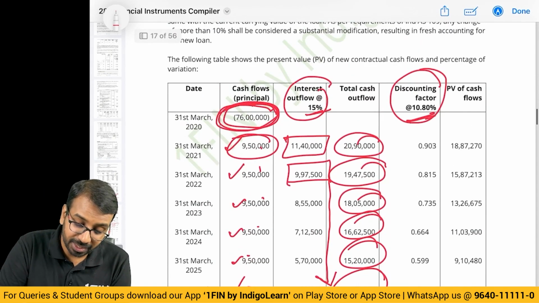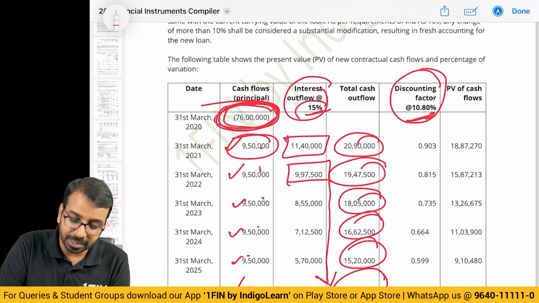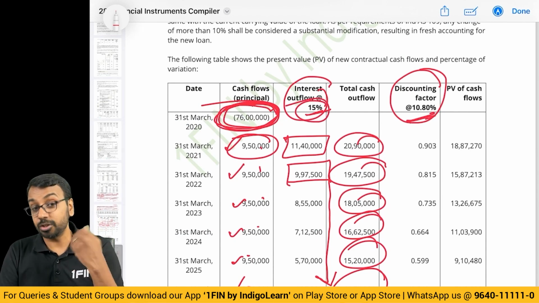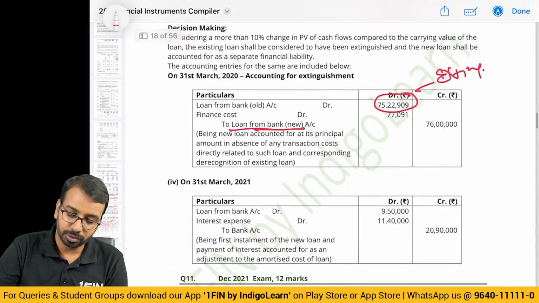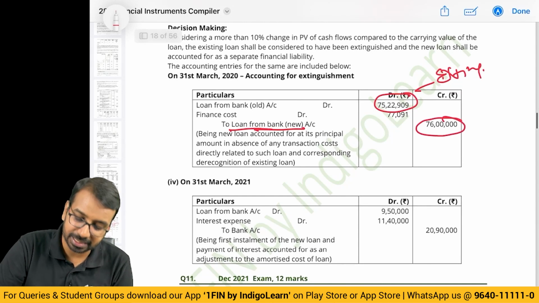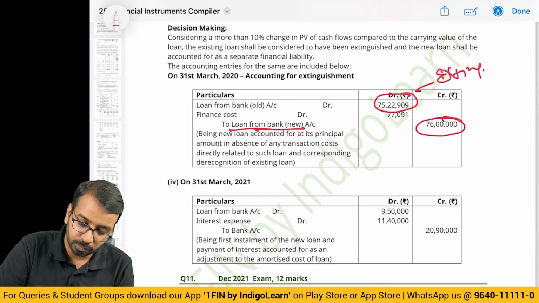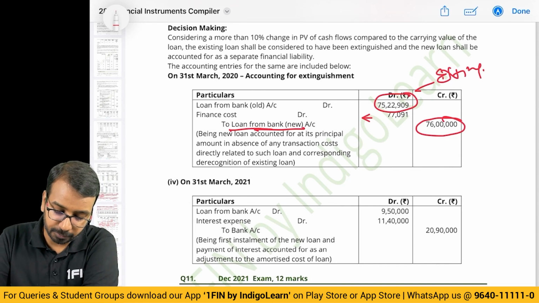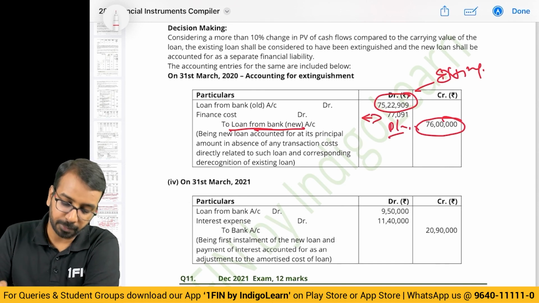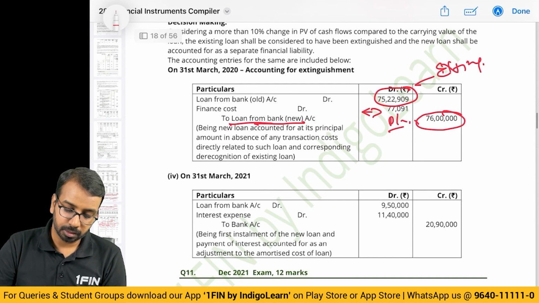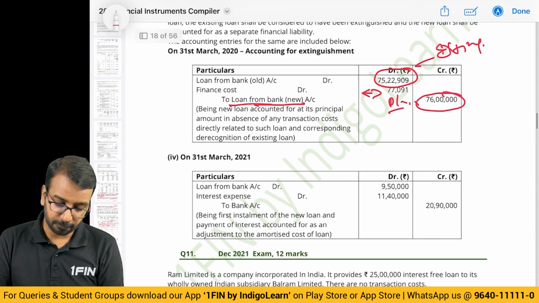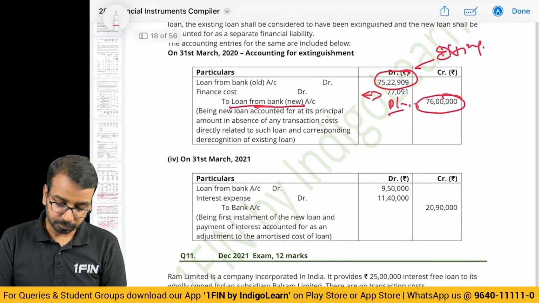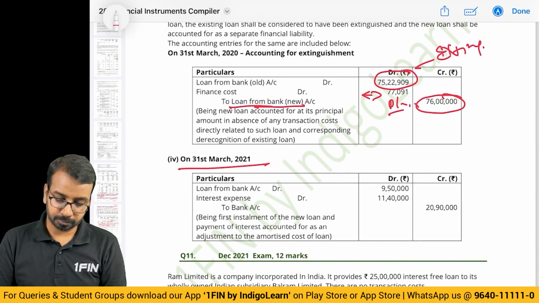So, if the 76 lakhs of loan is there and the discounting rate is 15%, interest is also paid at 15%. So, the new loan will be 76 lakhs. And the difference will be debited to P&L. Right? Then, subsequently, on 31st March, what you will do?